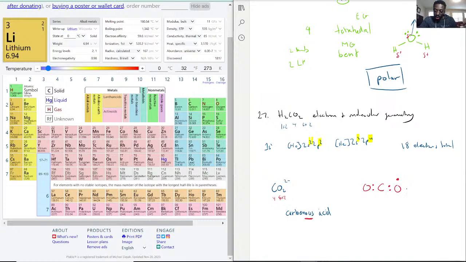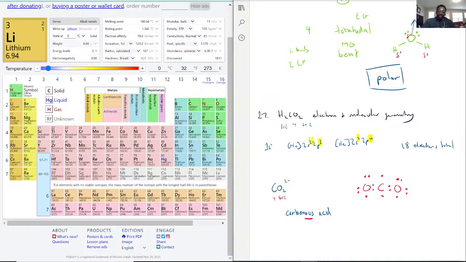So oxygen has 1, 2, 3, 4, 5 more, and carbon is sharing 2, so it needs 1, 2.